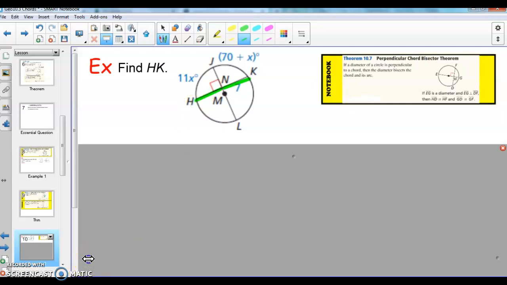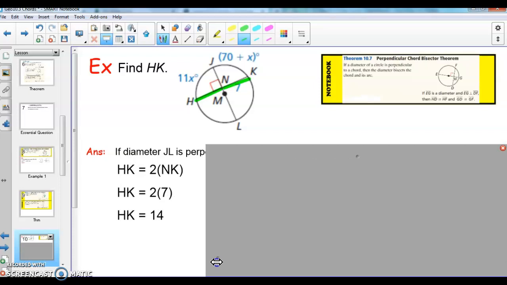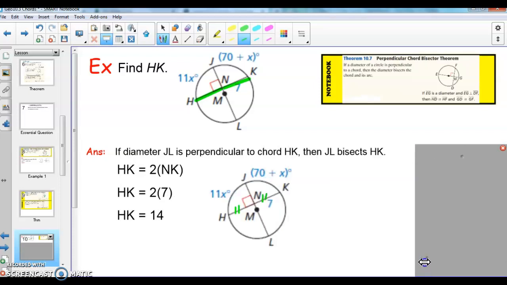So if we compute for the value of HK, HK is equal to twice the length of NK, and by substitution, NK is 7. So HK is equal to 14. These two segments are congruent to each other, and you can also show some tick marks to illustrate the relationship.